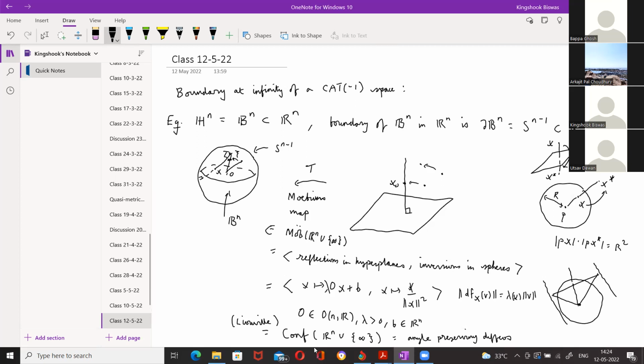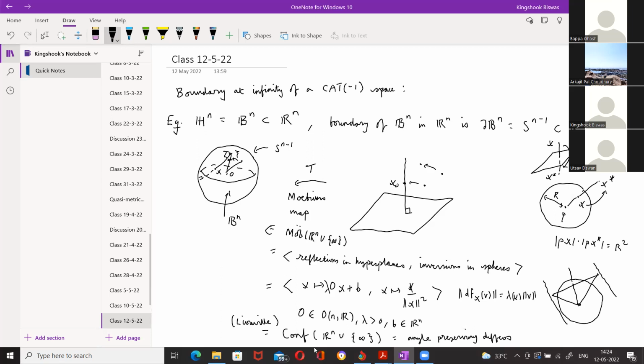These Mobius maps send lines and circles to lines and circles. And this T, by construction, is a Mobius map. If you recall the construction, it was just translations and scalings, and at one point we had an inversion in the unit circle.